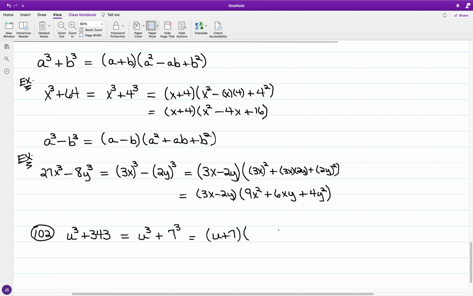And for a squared, we have u squared minus ab, so you have minus the product of u and 7. And you can just go ahead and write that as 7u. And for plus b squared, so you have plus 7 squared.